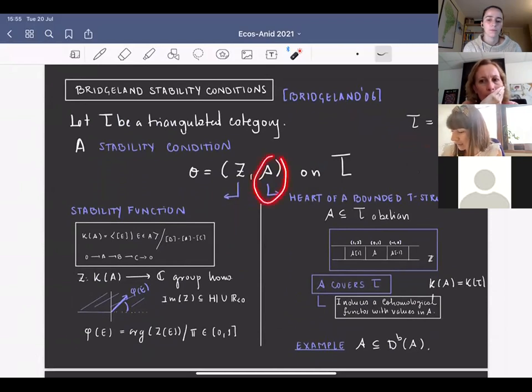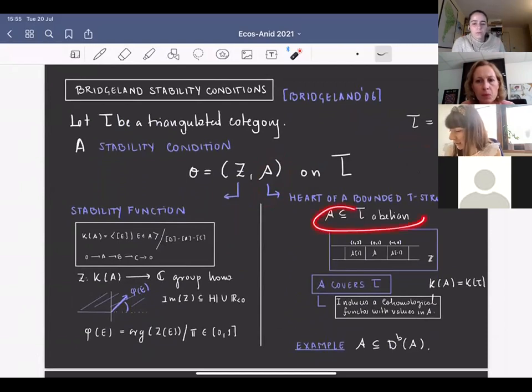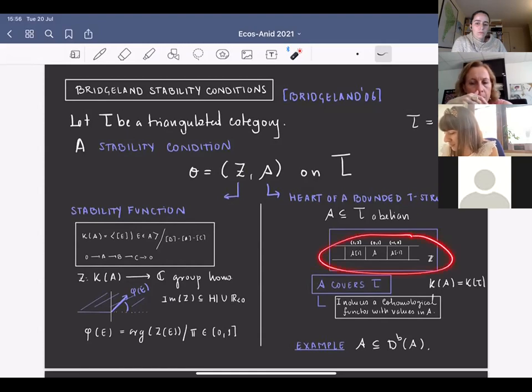The first component is called the heart of a bounded t-structure. It is an abelian category inside our triangulated category, which, how I like to say it, covers our triangulated category via sheaves. What it means is that we have a homological functor with values in A, but I see it like a cover of T in terms of the sheaves.